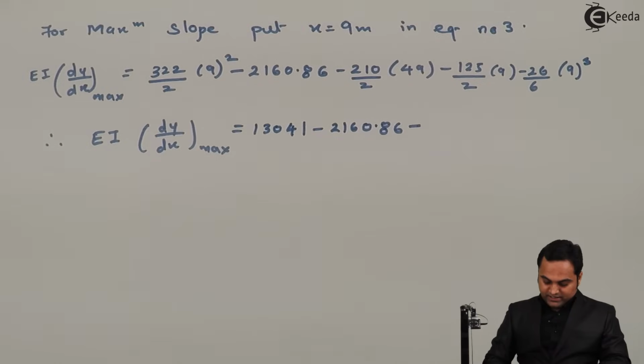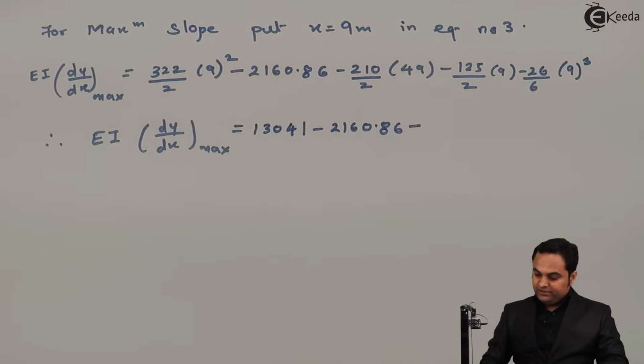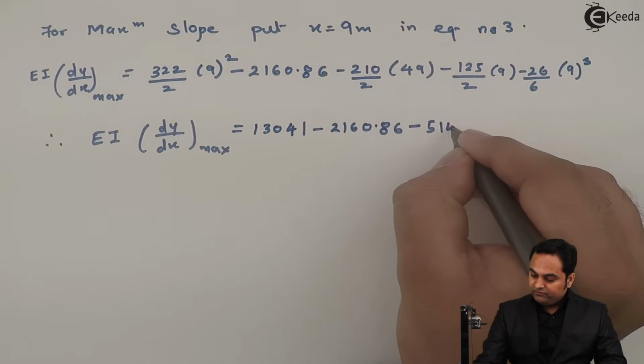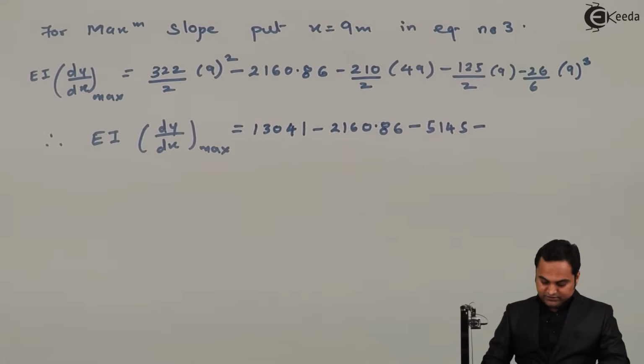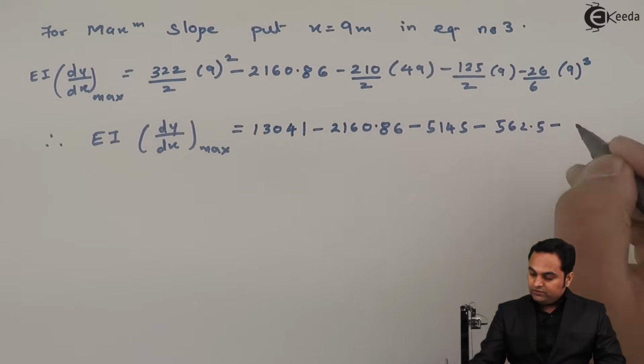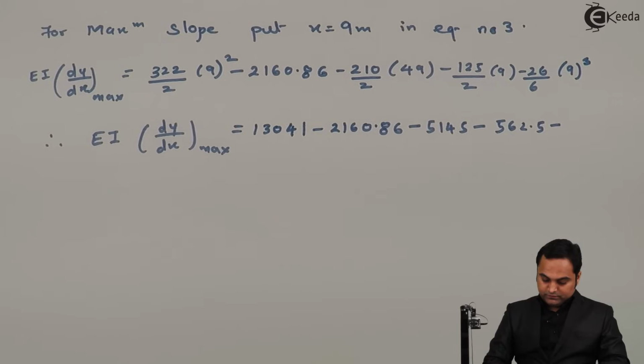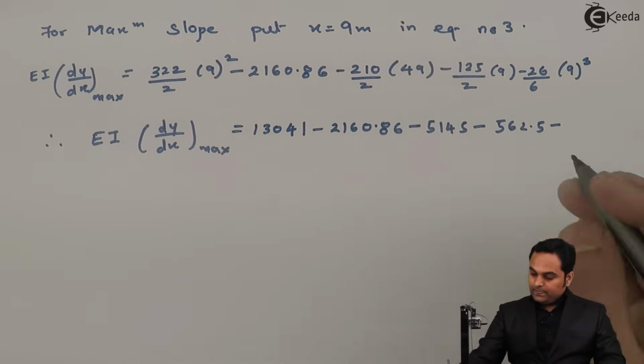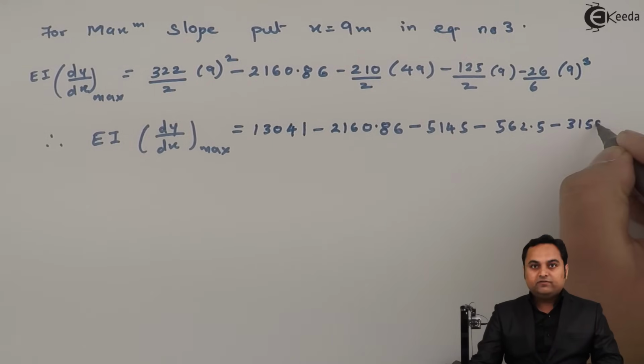Then we have 210 divided by 2 into 49, that comes out to be 5145, minus we have 125 divided by 2 into 9, that is 562.5, minus 9 cube into 26 divided by 6, that is 3159.